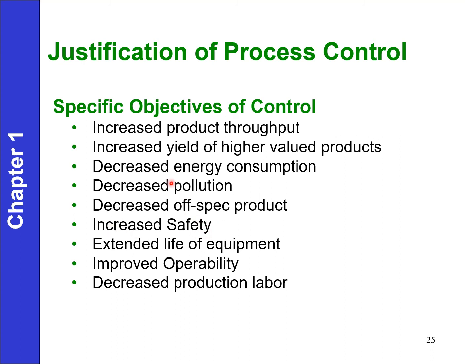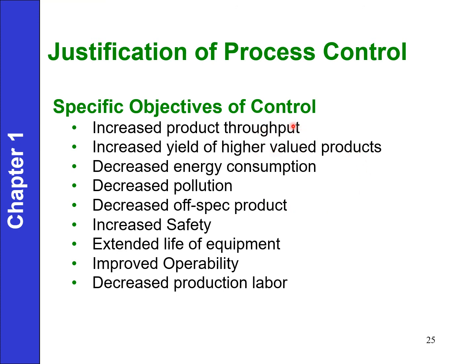Okay, and then we want to increase product throughput, increase the yield, decrease the energy consumption, and decrease pollution, which is about the environment. Okay, decrease off-spec product, this is about quality.